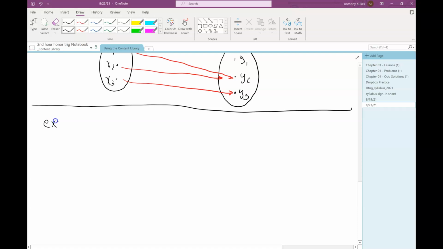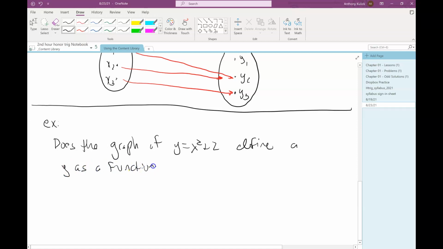Another representation we can have for a function is with a graph. So let's say we ask, does the graph of y equals x squared plus 2 define y as a function of x?